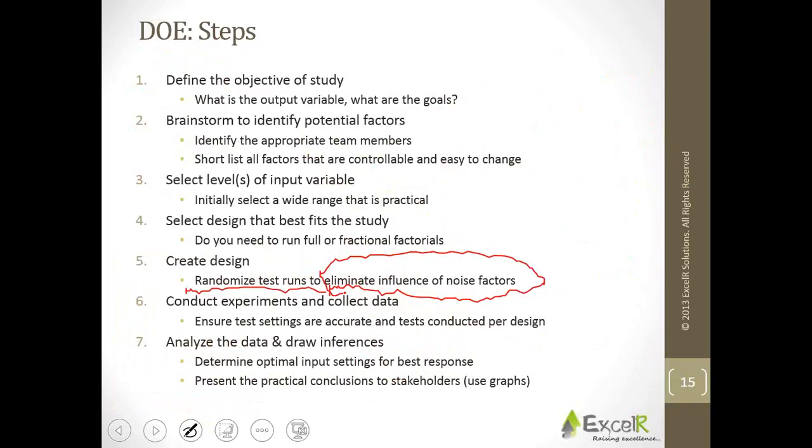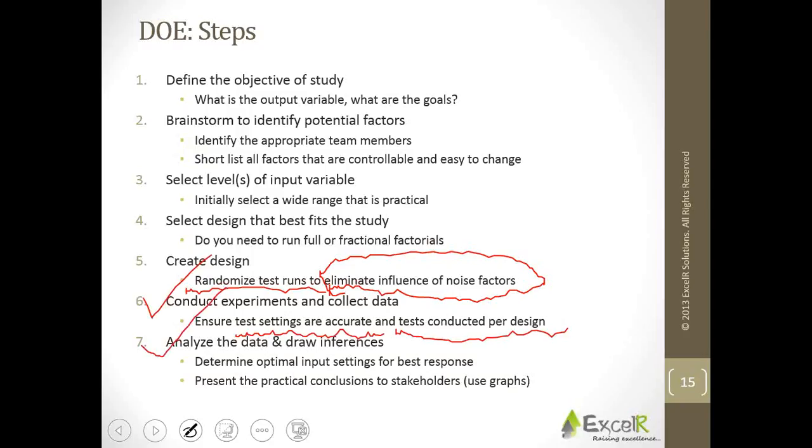Then you actually conduct the experiments and collect the results, and always ensure that the test settings are accurate and tests conducted are according to the design. They are not performed without any prior thinking or logic. It has to be conducted according to the design that you have adopted.